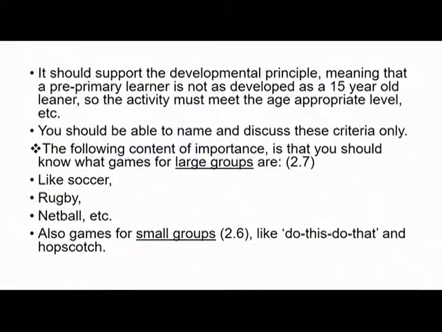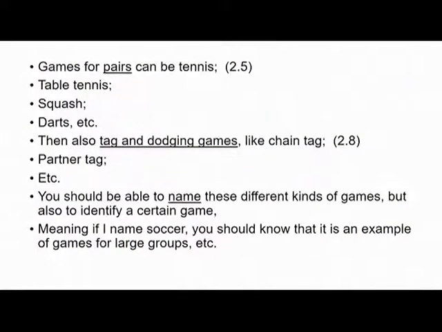The following content of importance is that you should know what games for large groups are, that's in 2.7, like soccer, rugby, netball, etc. Also games for small groups in 2.6, like do this, do that, and hopscotch.